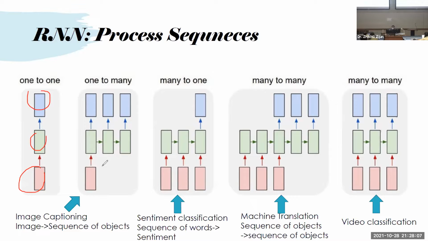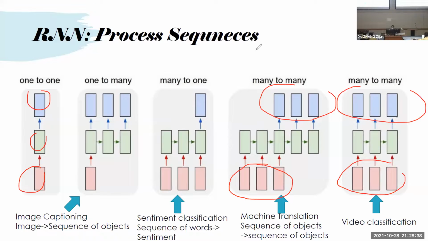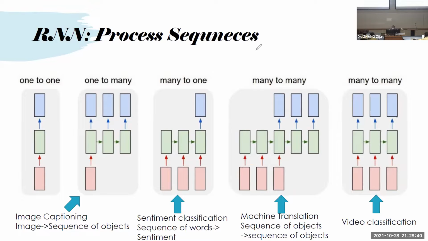We have one-to-many, where one input unit generates a sequence. Then we have many-to-one, where a sequence of many elements is embedded by the recurrent structure into one unit. And we have many-to-many, as well as the no-shift many-to-many, which is more like forecasting or time series analysis. And this is video classification, a direct many-to-many structure.